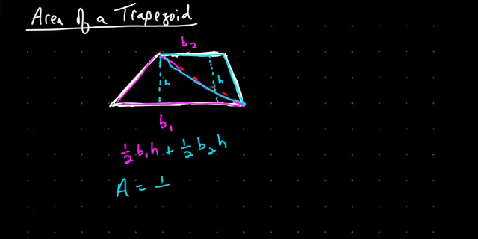Well, let me write it like your book does. It pulls the 1/2 out on this side, and we're left with B1 plus B2 there. So I pulled the 1/2 out, and now pull the h out on the other side. So 1/2 base 1 plus base 2 times the height is going to be the area of a trapezoid. Okay?